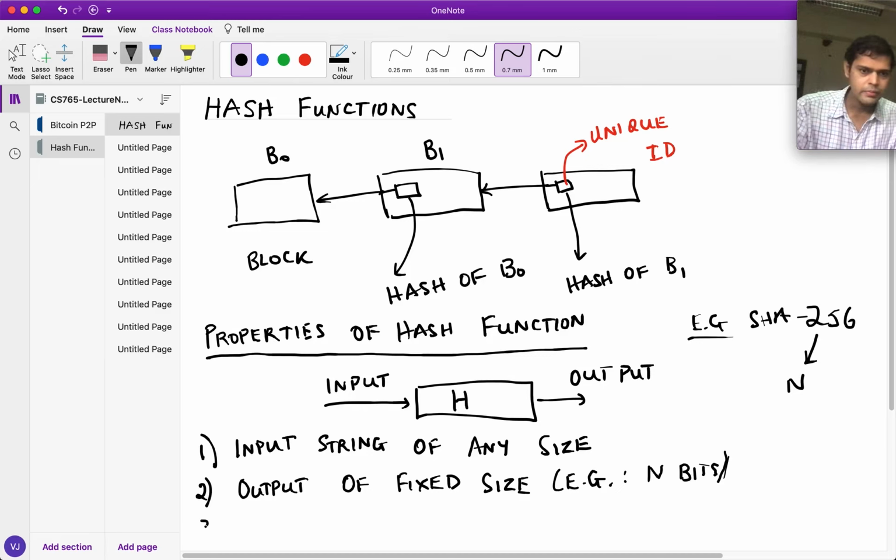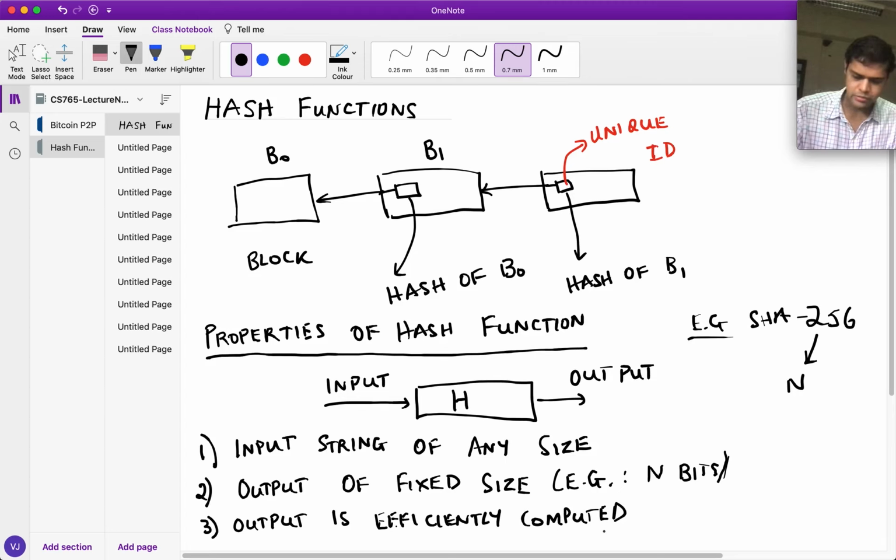And a third property we want is that the hash output should be easily computed from the input. So the output is efficiently computed from the input.